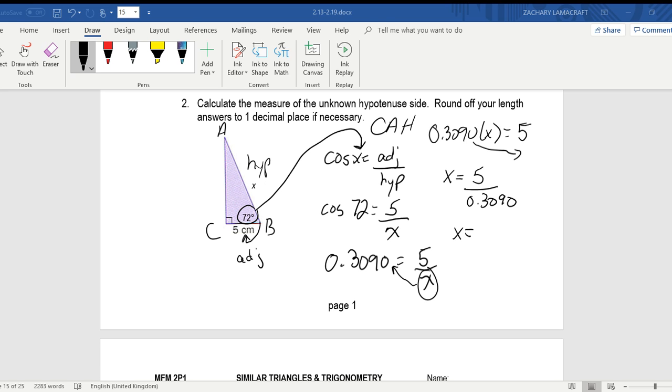Let's get a couple more answers in there just to make sure. Exactly, it is 16.2 centimeters. Okay. 16.2 centimeters is our answer.